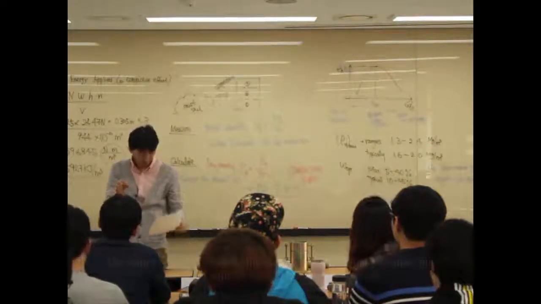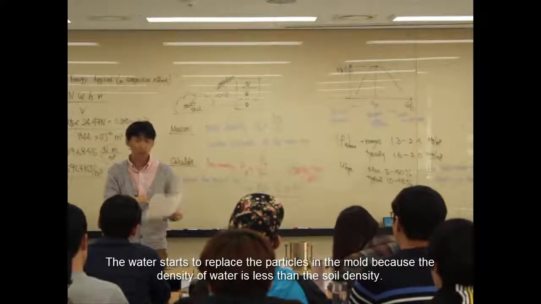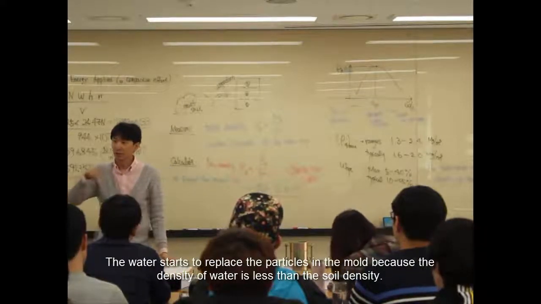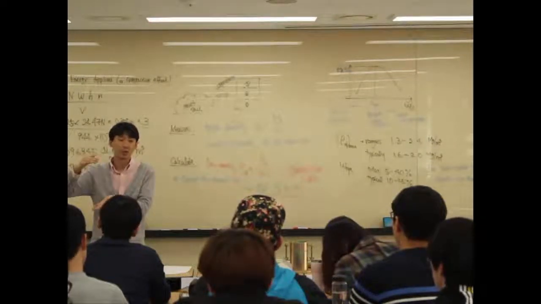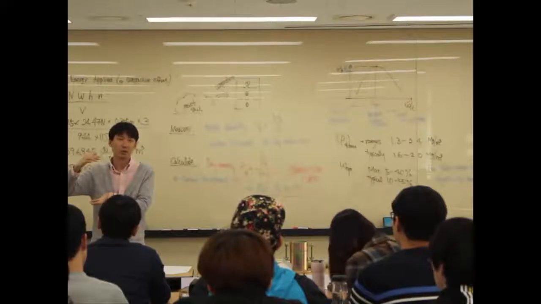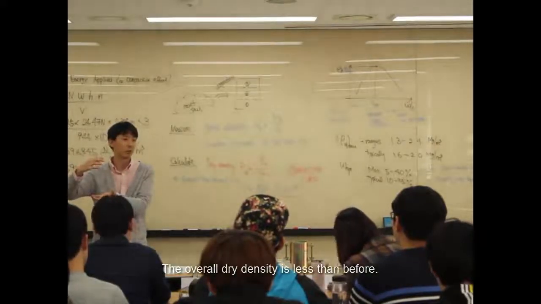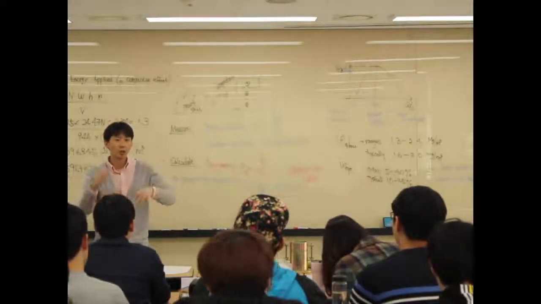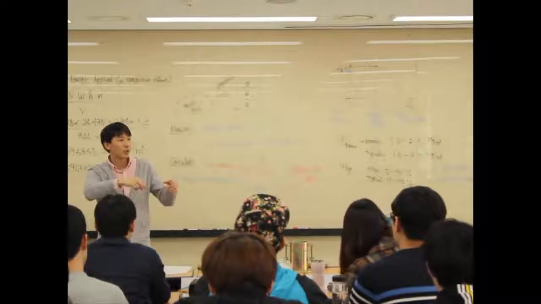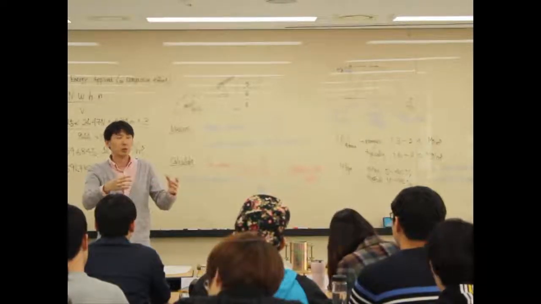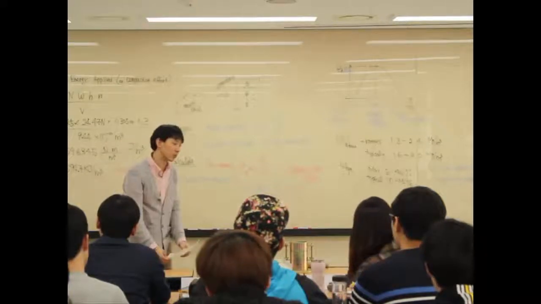The water replaces the particles in the mold, and because the density of the water is less than the solid density, the overall dry density becomes less than before. The water is getting too much, so the grains cannot be squeezed further.